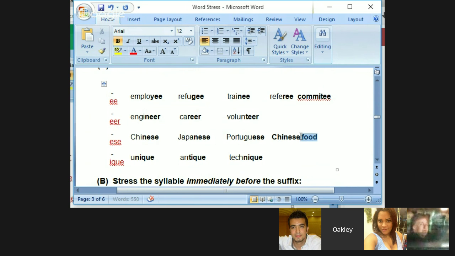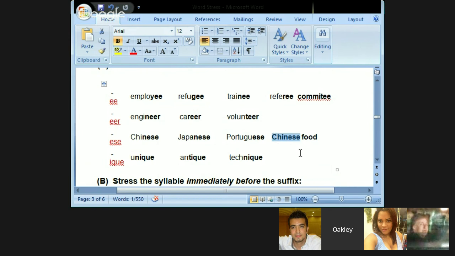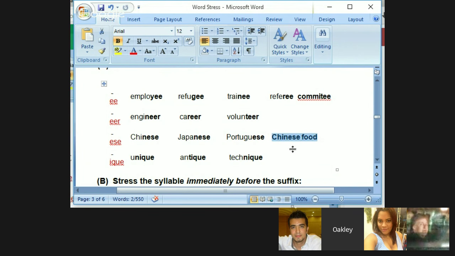You're modifying the meaning of the food, or specifying, or clarifying the meaning of food. So Chinese is thusly an adjective. All of these words are adjectives. If you see a word with this suffix, it's going to be an adjective.